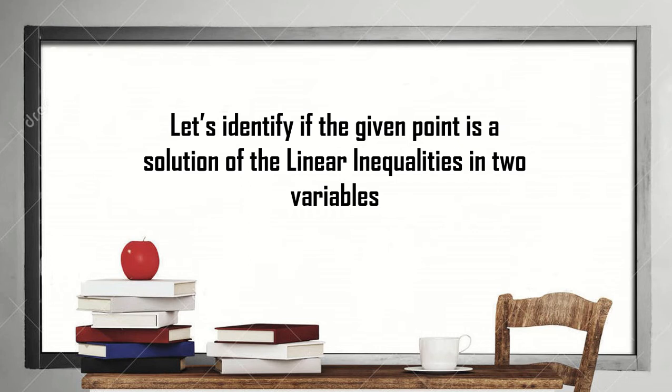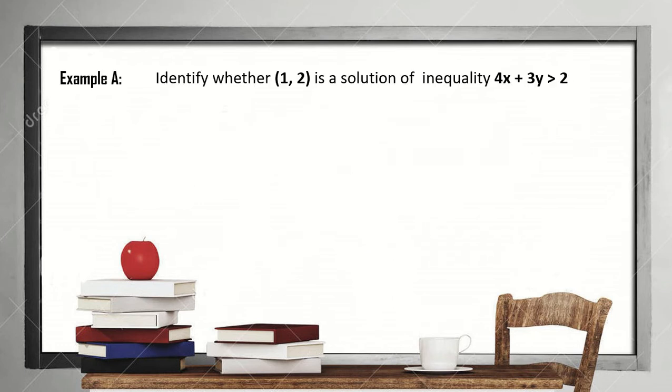So let's identify if the given point is a solution of linear inequalities in two variables. So example A, identify whether 1 and 2 is a solution of inequality 4x plus 3y greater than 2.